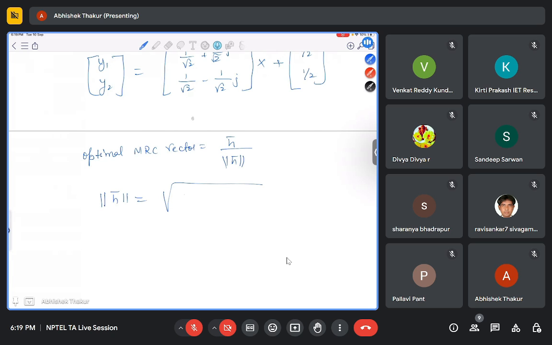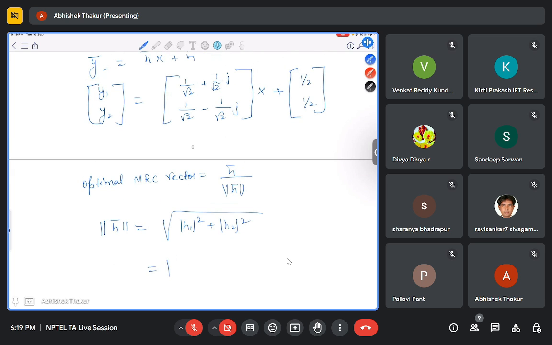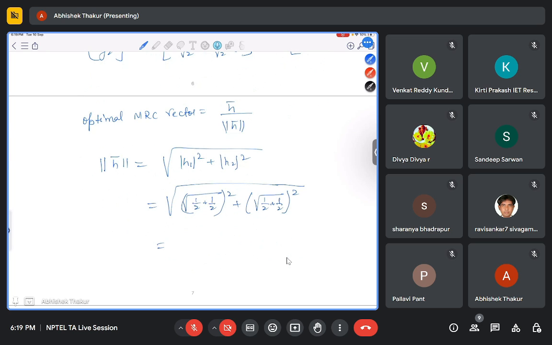The magnitude of the H vector is given like this: under root of 1 by 2 plus 1 by 2 whole square, plus under root of 1 by 2 plus 1 by 2 whole square. So this will become 1 plus 1, so this will become root 2.